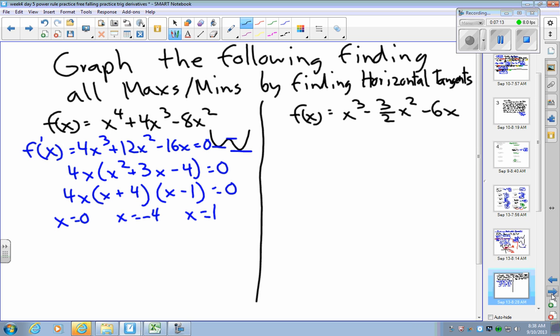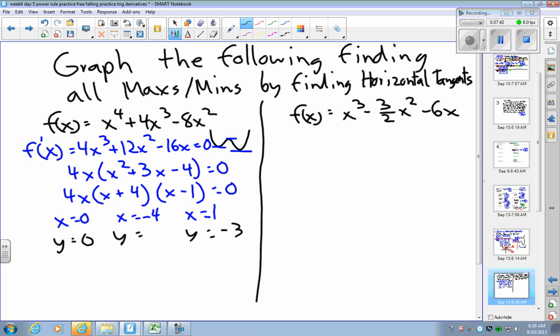If I wanted the y values, I could plug into the black equation. If I plug in 0, I get 0. If I plug in 1, I get negative 3. Plug in negative 4, that one's huge.